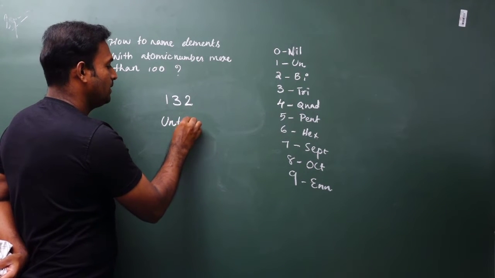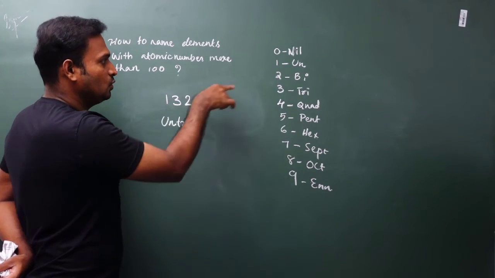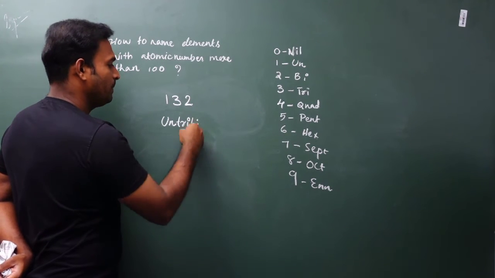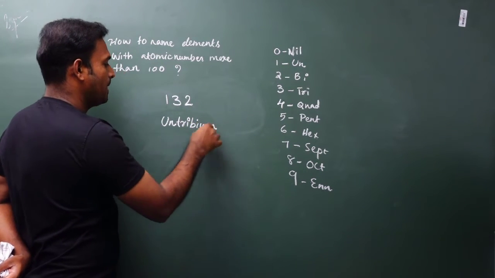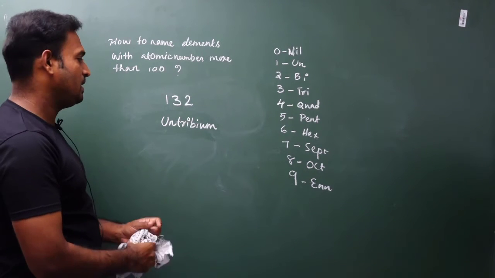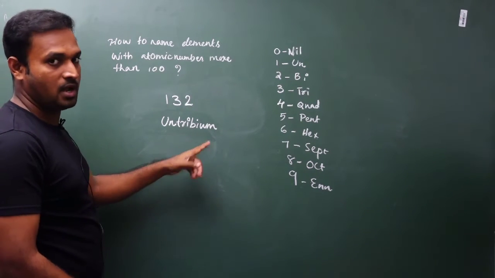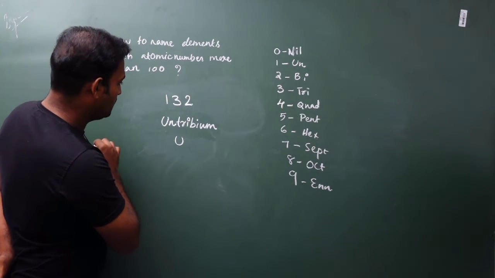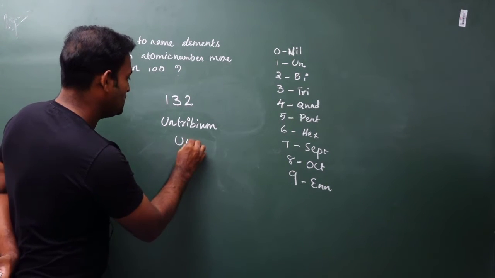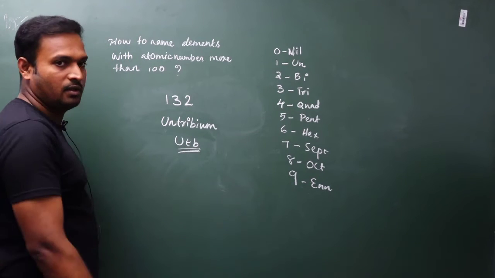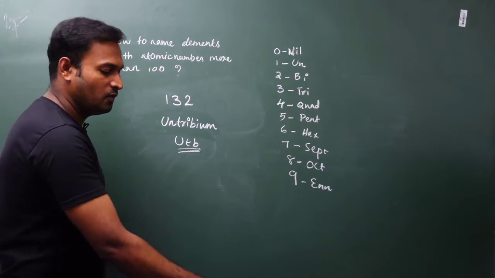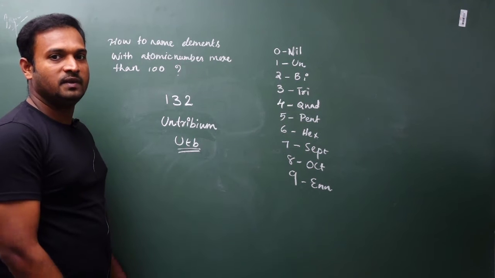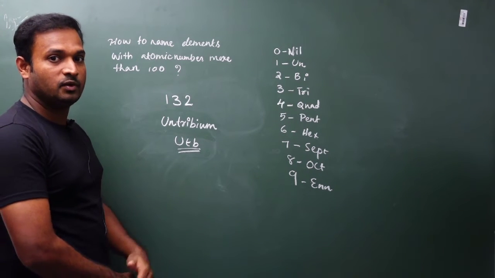Then we can use tri. Next digit is 2. So we can use bi. Then ending um. So the name of this element is untribium. Then we can write the symbol UTB. So it is very easy to find the name of elements with atomic number more than 100.